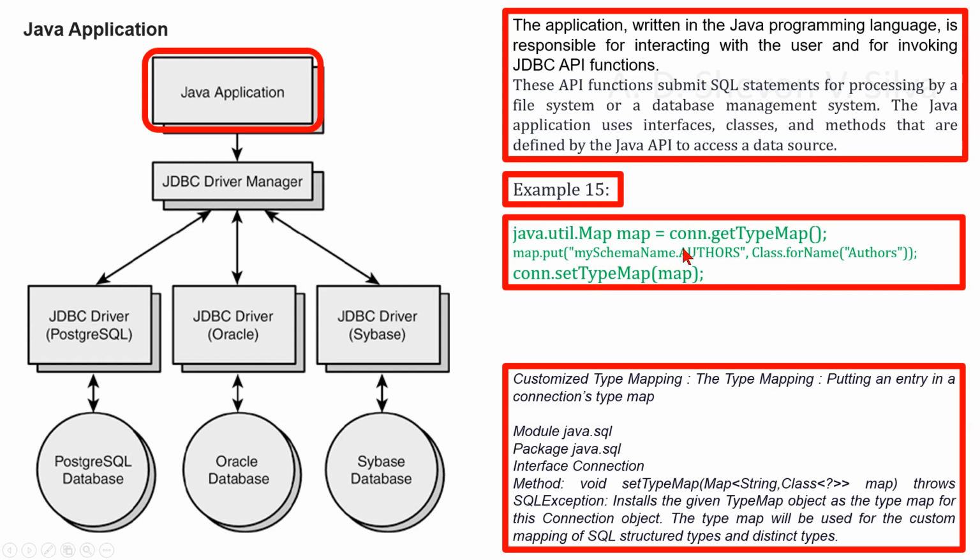Here, putting an entry in a connection's type map. The method connection.getTypeMap returns the type map associated with the connection object conn.